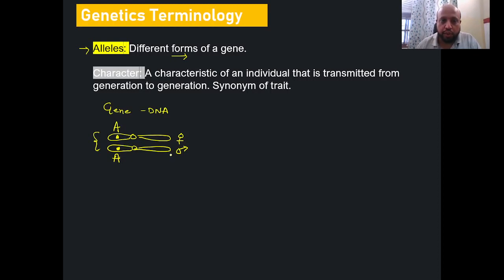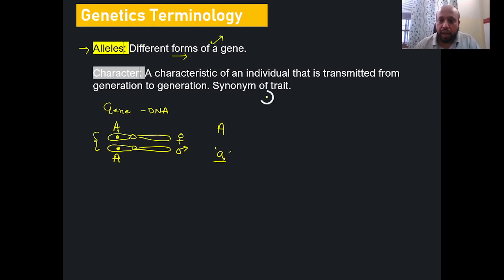Technically, there are two genes present because of the two chromosomes in the diploid organism. There is a possibility that this gene A has a slight difference, denoted by a small a. These are called the alternative forms of a gene. Let's take an example.